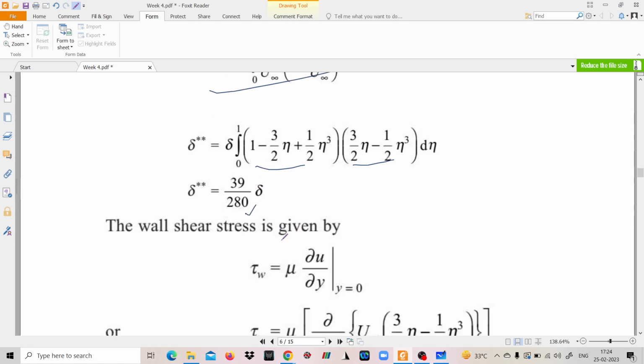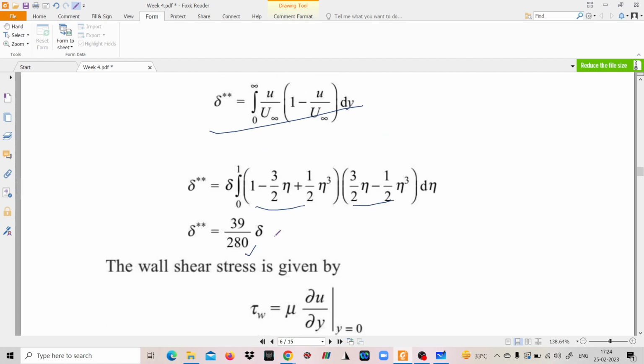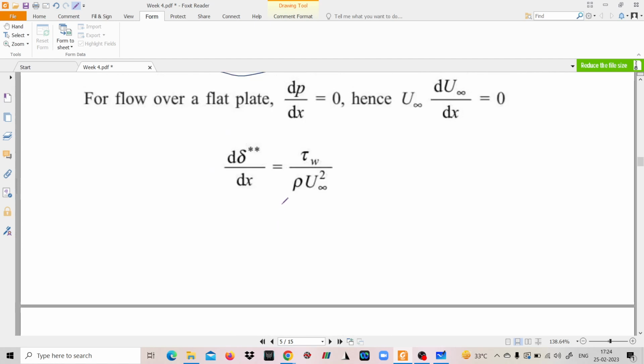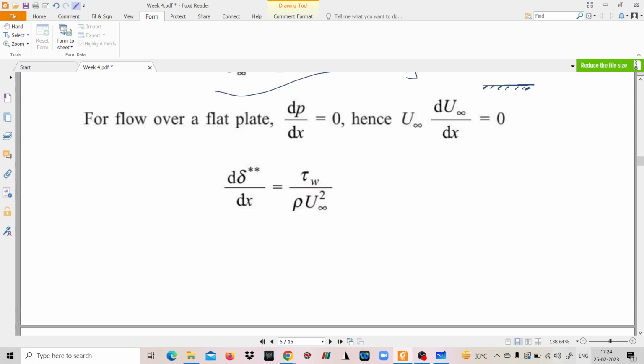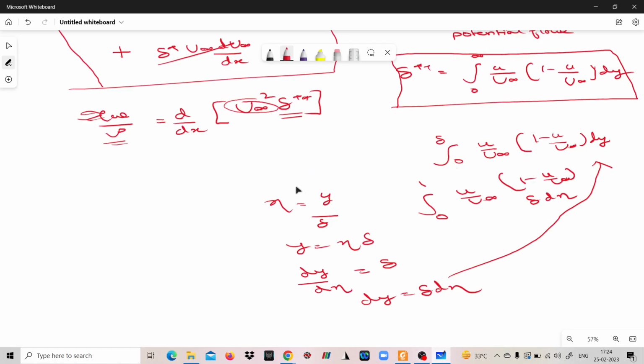Okay, so once you have delta star star, we can get tau w by rho u square. See, this is what we have seen, no?